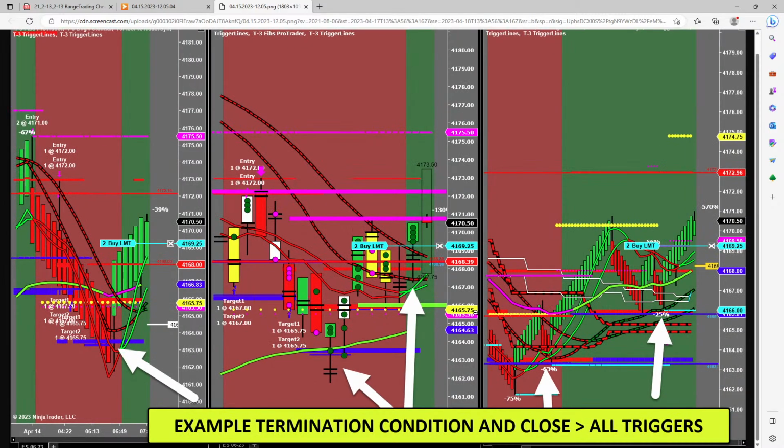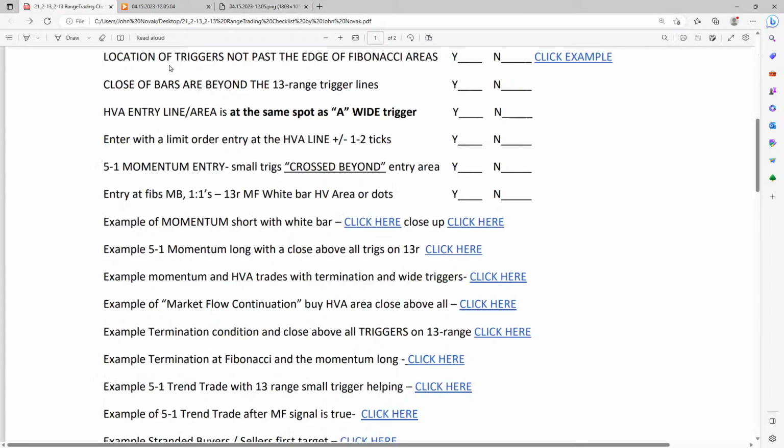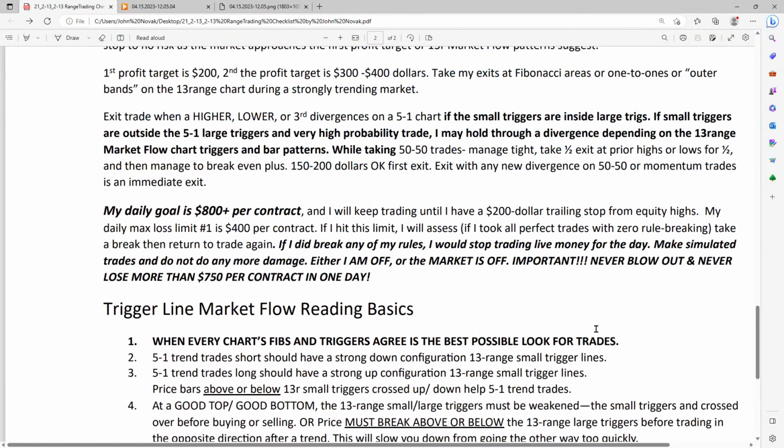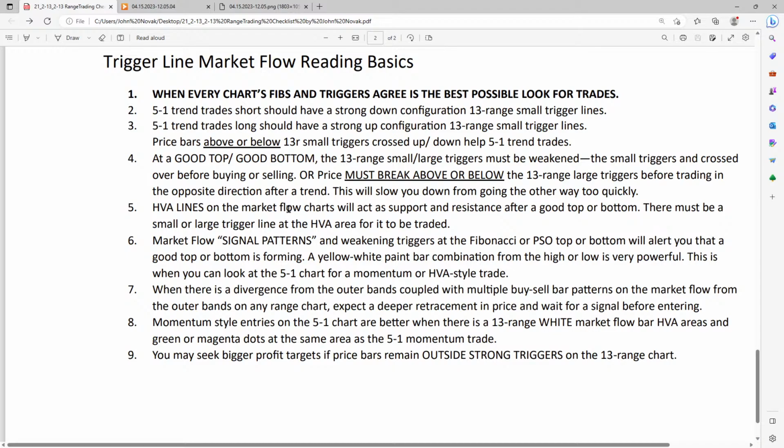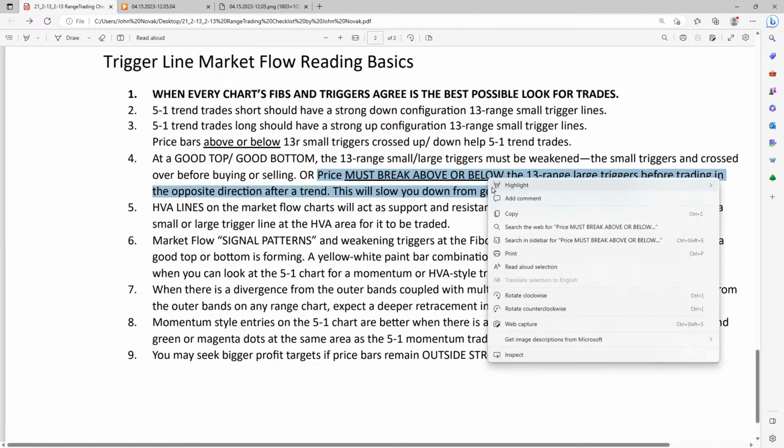So, first things first, go to the bottom of your chart. Fib support, fib support, fib support, and higher divergences. So remember in the rules that I wrote out for you guys, more importantly down here, price must break above or below the 13 range large triggers before trading the opposite direction.